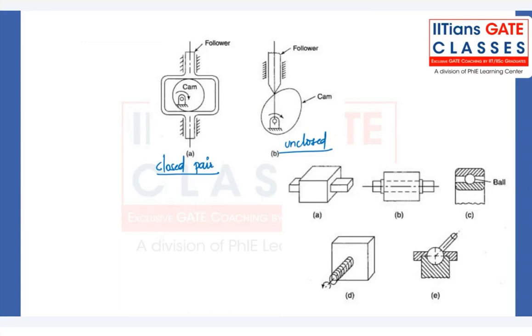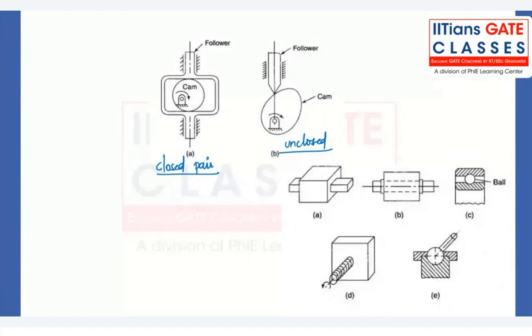So now, if you take the first link of the closed pair, here we can see we have to break the follower in order to separate them. We cannot easily separate cam and follower.